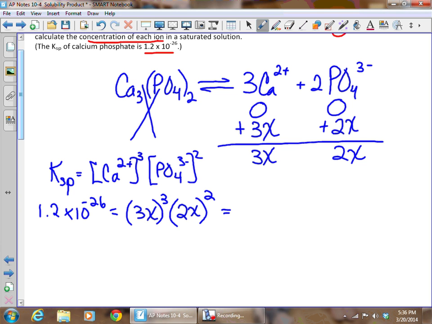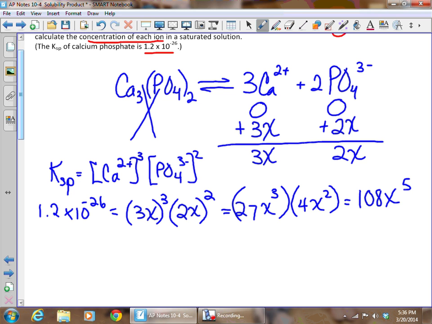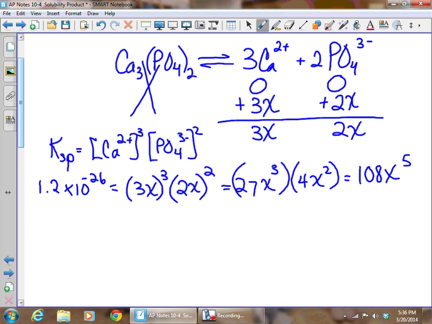When we work this out, we find that we have 27x cubed times 4x squared, which multiplies out to 108x to the fifth. When we solve this for x to the fifth, we get 1.11 times 10 to the negative 28.